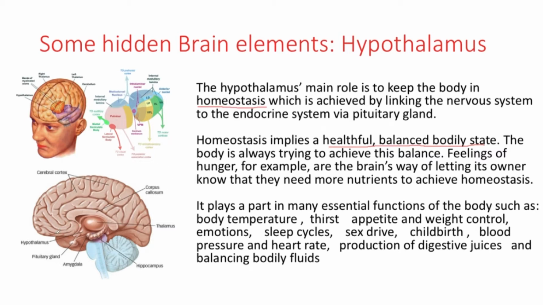So it has a very, very important role, and as you can see, I told you that this is the big region. That's where you have the hypothalamus, and it is so close to the pituitary gland. That's what it controls directly.